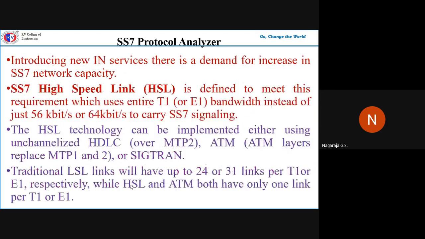With the introduction of new ISDN services, there is a demand for increasing SS7 network capacity, because the services we are getting today are varying, hence there will be more and more focus on SS7. The high-speed link is defined to meet this requirement, which uses an entire T1 or E1 bandwidth instead of just 56 kilobits per second or 64 kilobits per second to carry SS7 signaling.